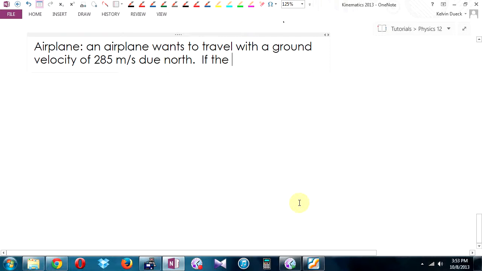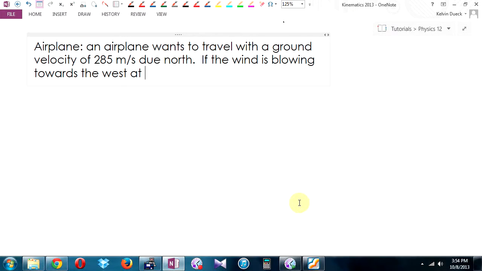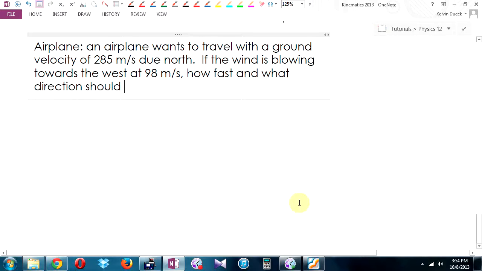If the wind is blowing towards the west at 35 meters, no, too short. I want to get a better triangle. I'm going to go 98 meters per second. How fast and what direction should the engine velocity be?